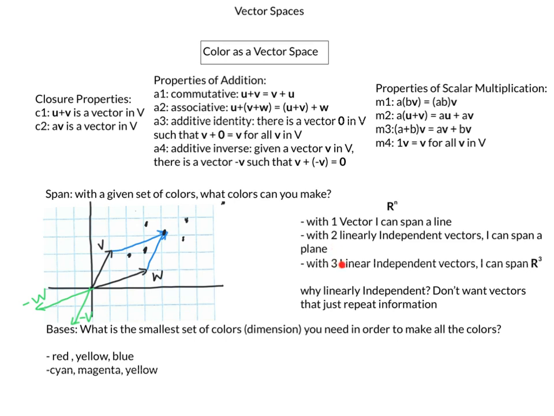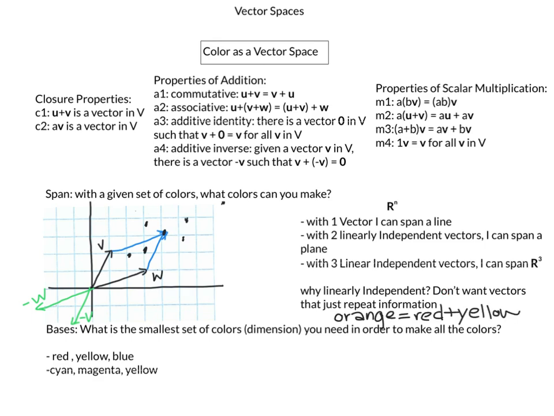But the idea is, if the vectors are linearly dependent, there's some repeated information. In other words, if they're linearly dependent, at least one of the vectors can be written in terms of the other two. So that one vector that can be written in terms of the other two, its information is already contained in the other two vectors.